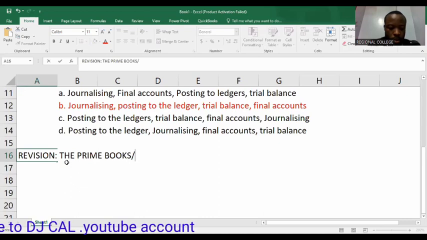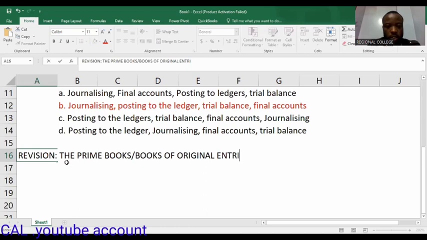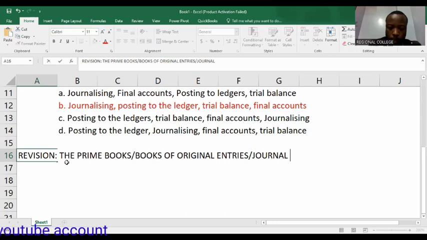The prime books, you can also call them books of original entries. You can call them journal books. You can call them day books.